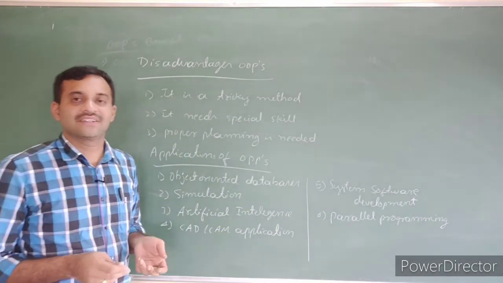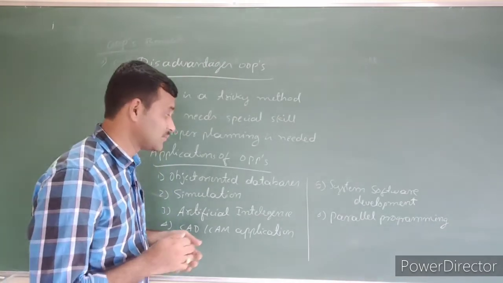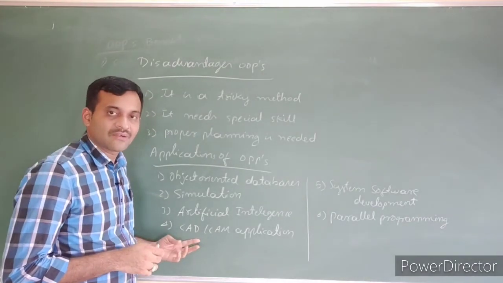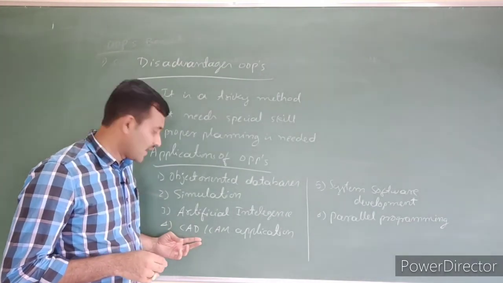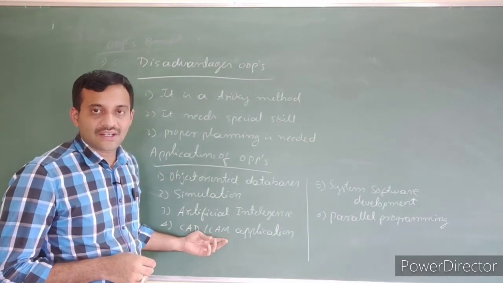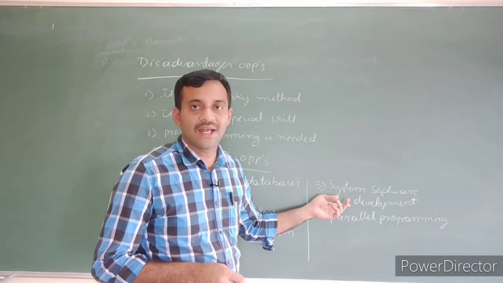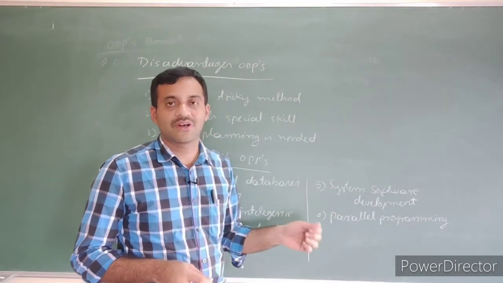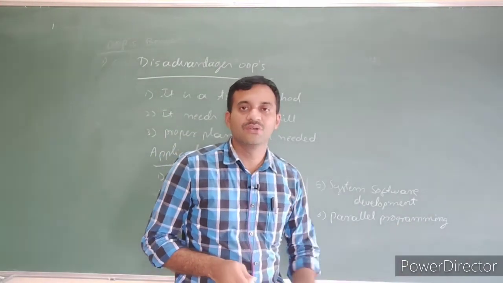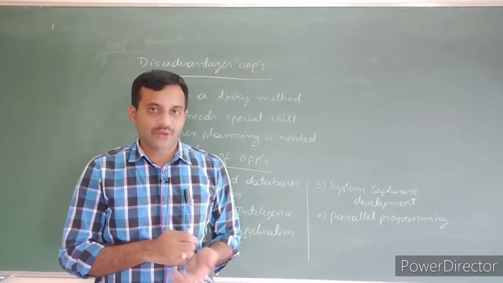In artificial intelligence also we use object oriented database and object oriented programming concepts. CAD CAM. Here CAD stands for computer aided design, CAM stands for computer aided manufacturing. In that also we use object oriented programming. System software development. To create a system software we use object oriented programs. Parallel programming and neural networks. In parallel programming also we use object oriented programming.